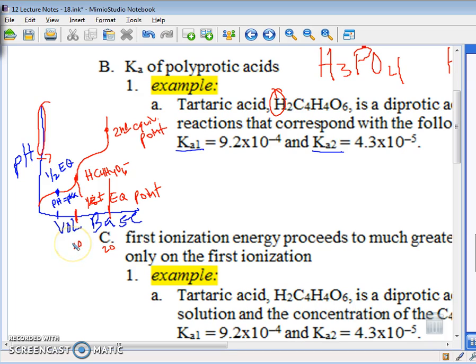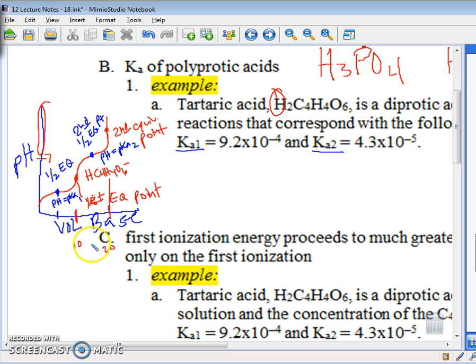Where's the second half equivalence point? Halfway in between the second set. So here, this is the second half equivalence point. Here, the pH is equal to pKa2. First one was pKa1.